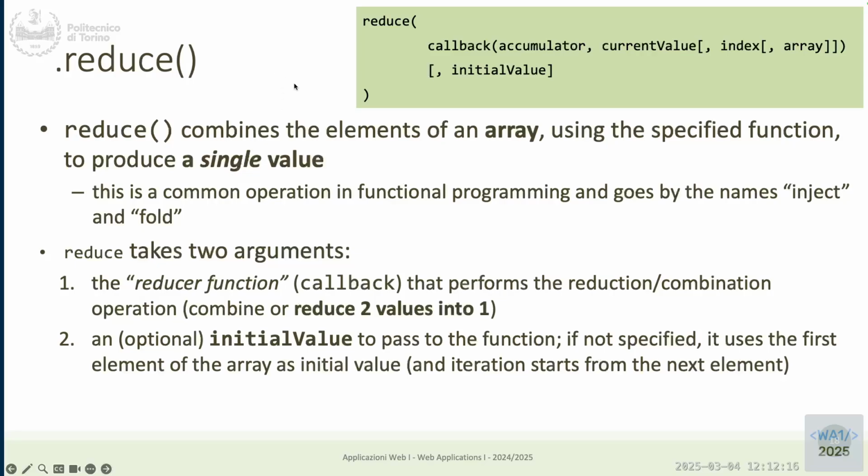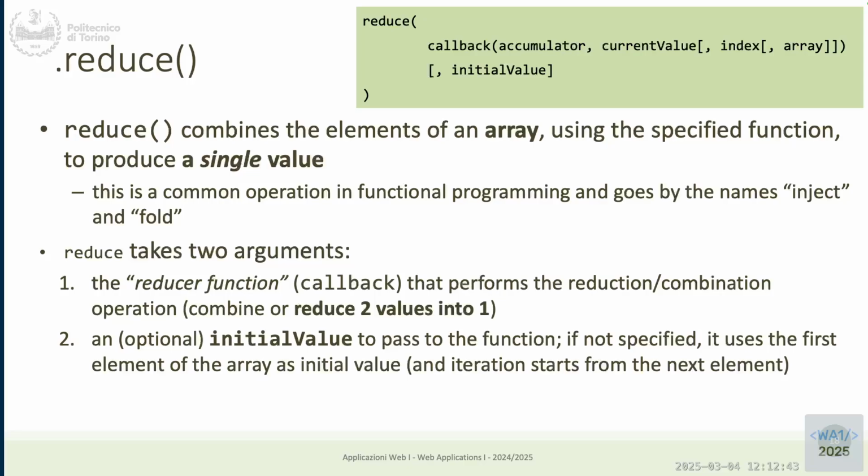So reduce wants to receive a callback function that has at least two arguments. One is the current value of the element that you are iterating, and another would be the accumulator, so the value computed so far.